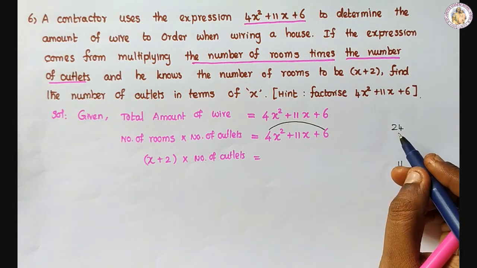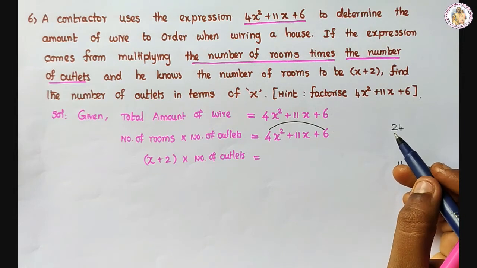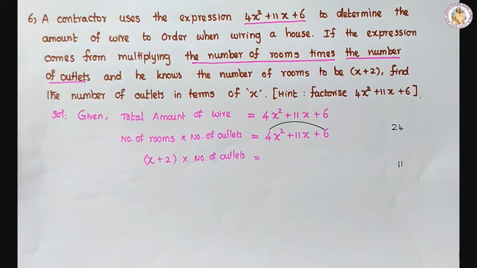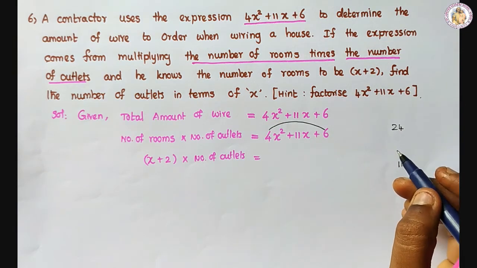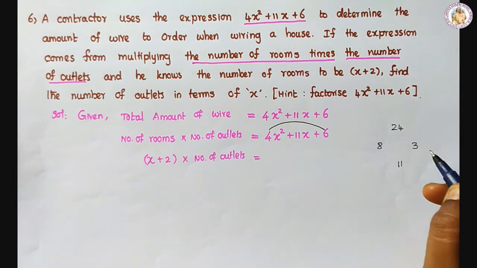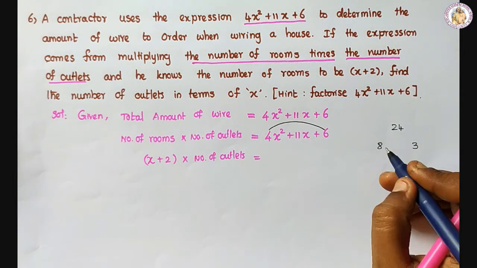6 fours are 24, no. Next, 8 threes are 24. 8 and 3, both are with plus sign.